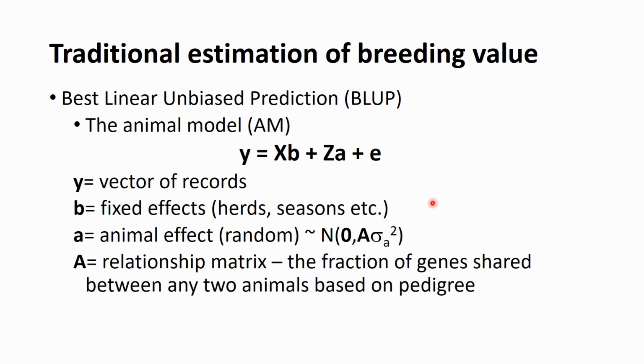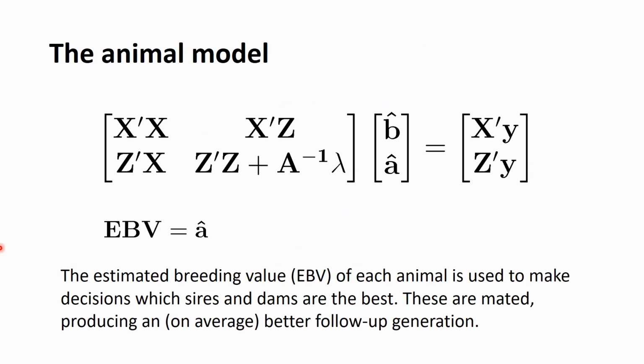Also, very importantly, there is the relationship matrix, the so-called A matrix, that is based on the pedigree relationships within the population. So all of this is based on written records and does not involve any genomics, but it's proven to be working. It involves a lot of matrix algebra and all that stuff.